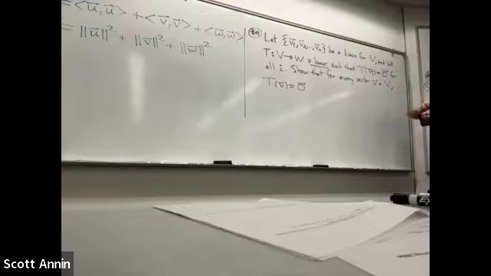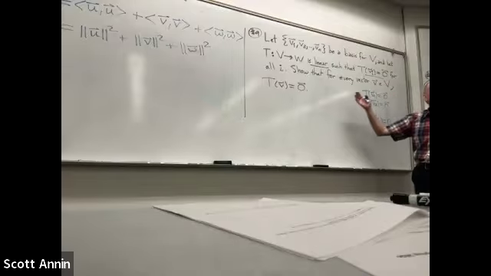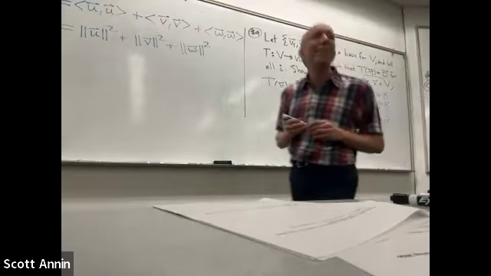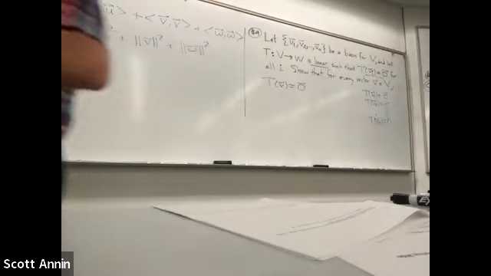So this is telling me that T of V1 is 0, and it's telling me that T of V2 is 0, and so on. All of these are 0. So that's for V1, V2, V3, which is the basis for V. But this vector little v here is not one of these. It's some other arbitrary vector in the vector space.